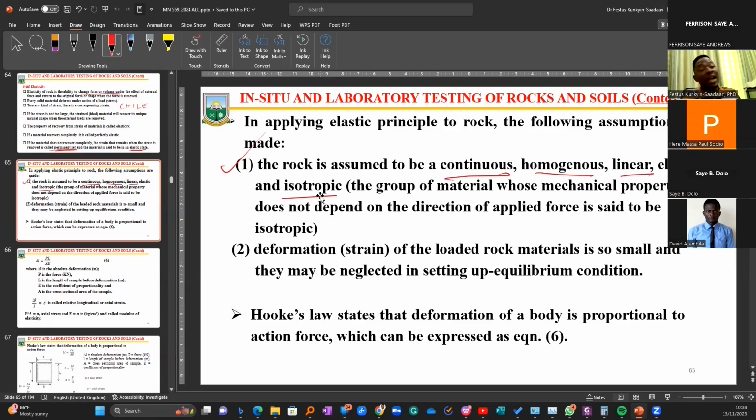So we are now assuming that if our rock material were any other construction material whose properties are determinable, you can determine the properties such that they don't vary with time. Then we can use that principle. So we are only making that assumption to determine the elastic properties of the rock. Otherwise, we cannot.